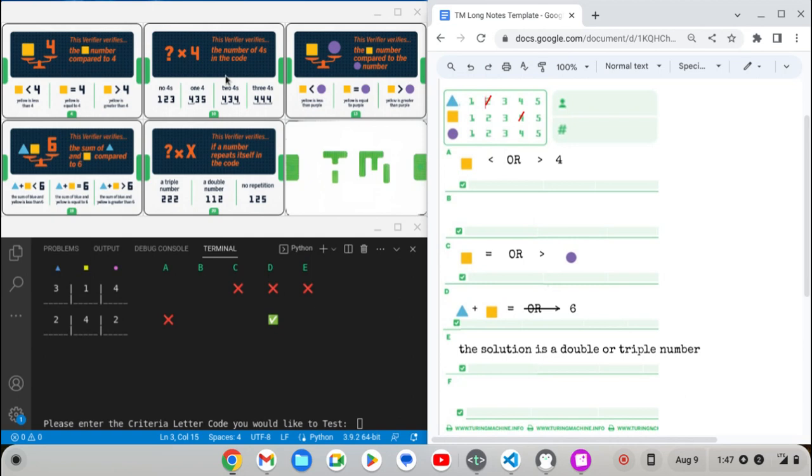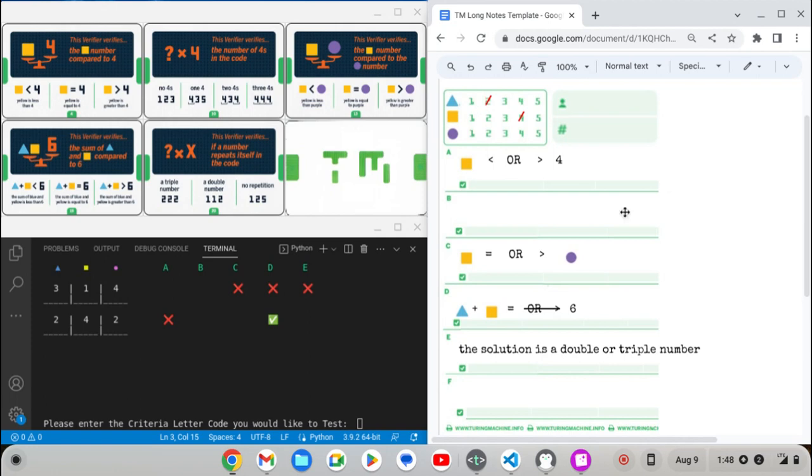Remember, we're still dealing with a double number. So I wonder if it could be something like 3 3 4. Yeah, there's nothing that would prevent it from being 4 2. It could be even 4 2 2. That's a possibility.